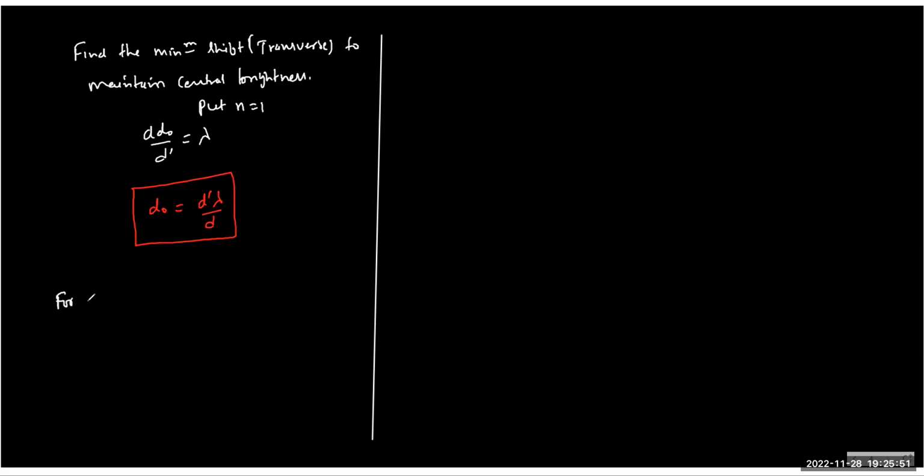For changing central brightness to darkness, the minimum shift will be how much?